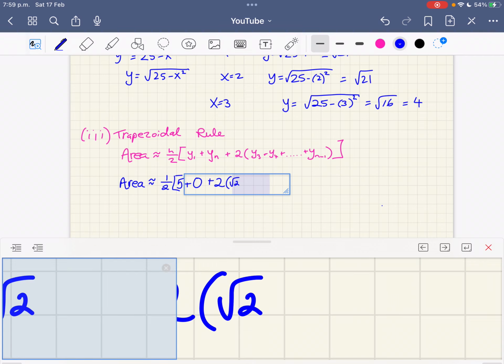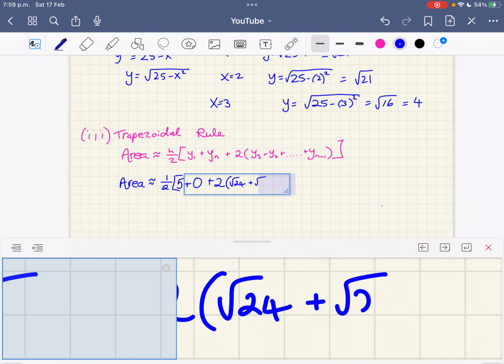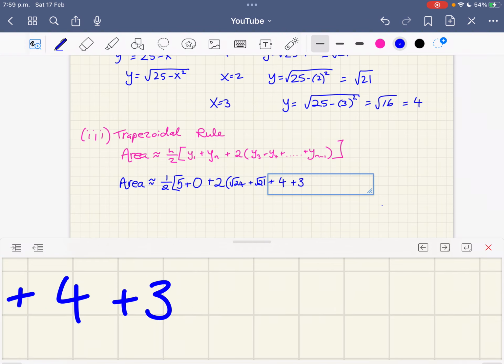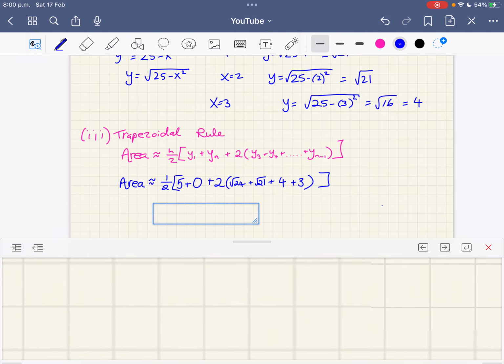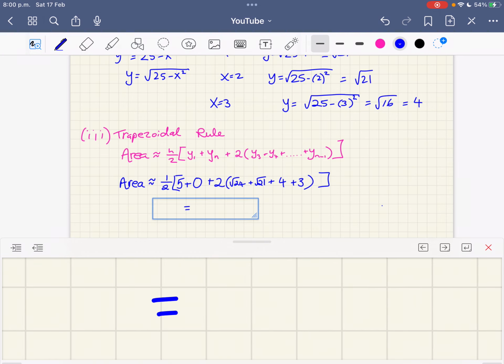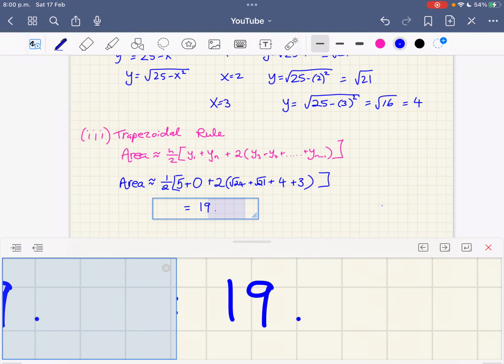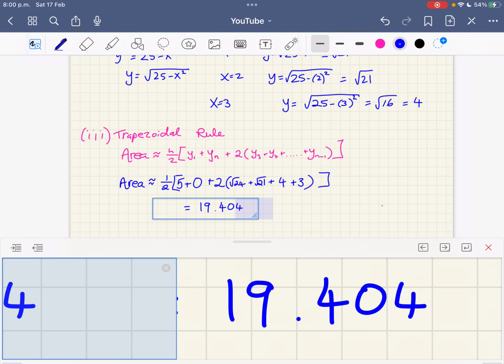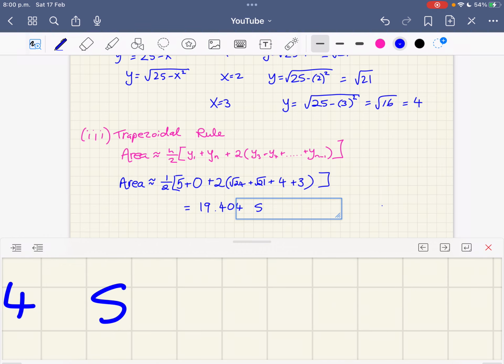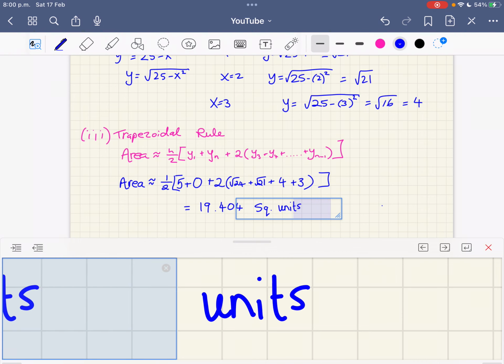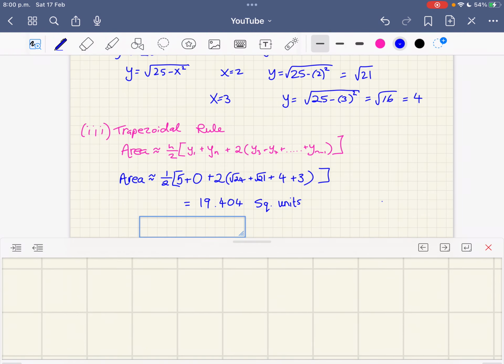So root 24 plus root 21 plus 4 plus 3, close brackets. And when we put that into the calculator, we find it is 19.404 square units. And that's the answer to that part.